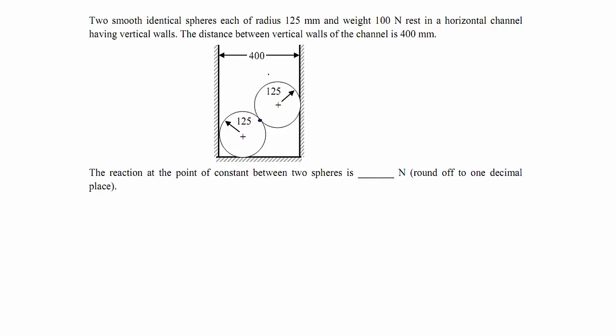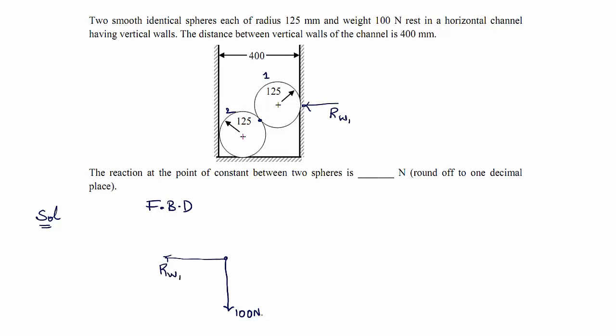Let us consider this as sphere 1 and this as sphere 2. For the FBD of 1, the weight will be acting downwards, that is 100 newtons, and there will be a normal reaction because of the wall, say Rw1.